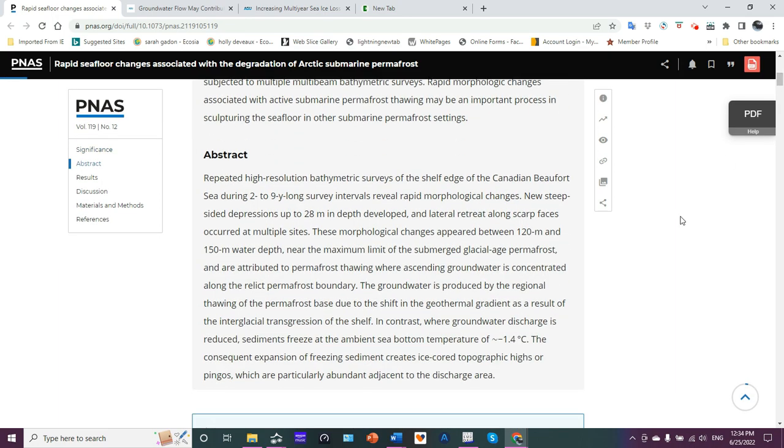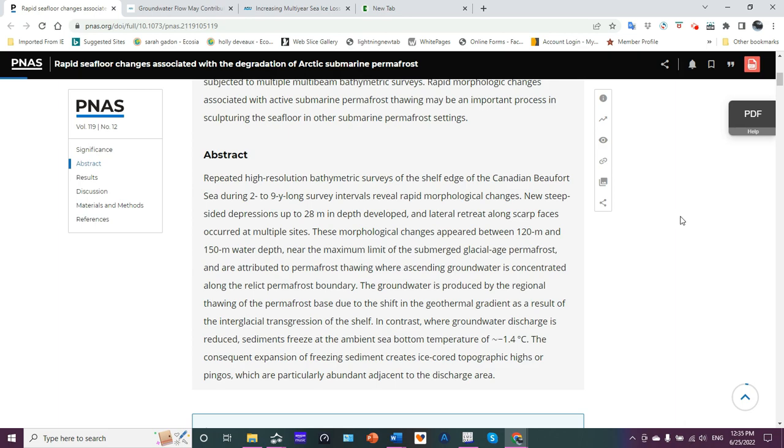So let's look at the abstract. Repeated high-resolution bathymetric surveys of the shelf edge of the Canadian Beaufort Sea during 2 to 9 year long survey intervals reveal rapid morphological changes. New steep-sided depressions up to 28 meters in depth developed, and a lateral retreat along scarp faces occurred at multiple sites.